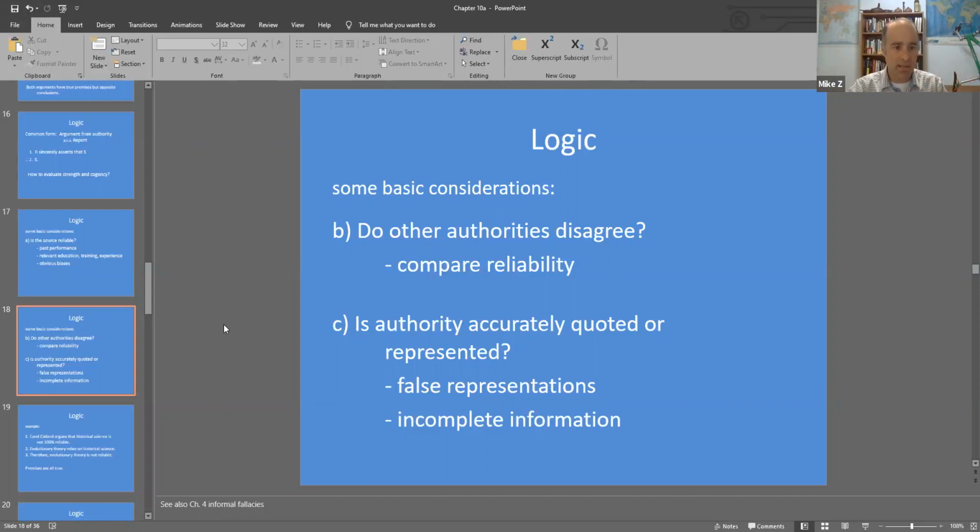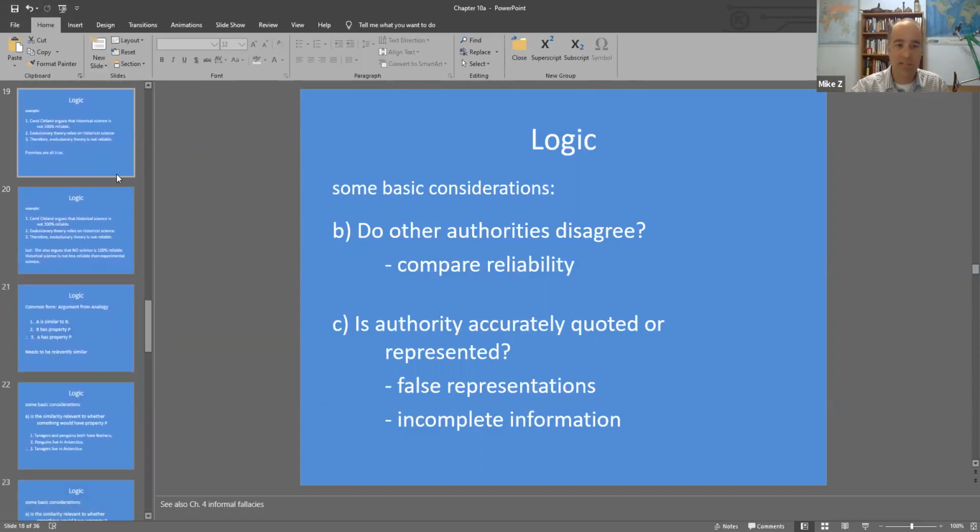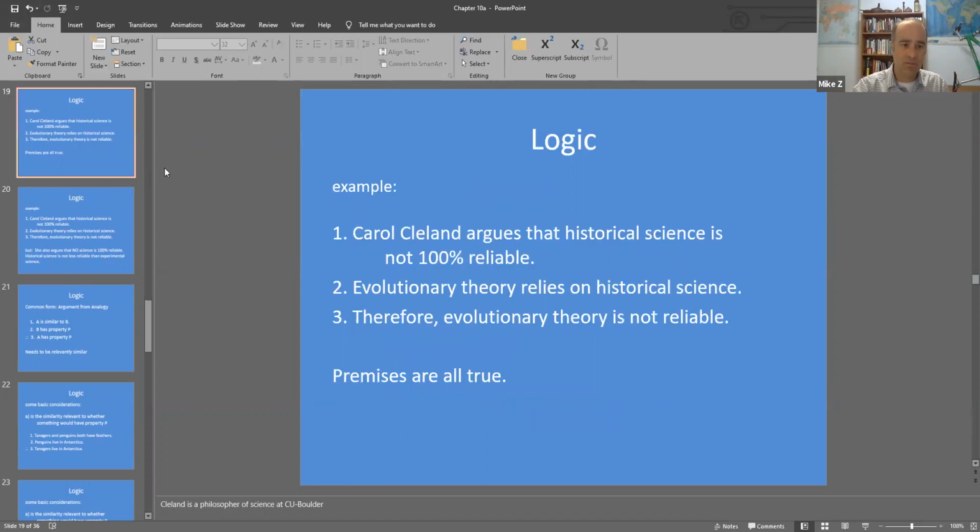That sounds a little complicated, so here's an example, and this is a real example that I saw happen in real time back in, I think, 2004 or 2005. Carol Cleland is a philosophy professor here at CU Boulder, and her area of expertise is philosophy of science.